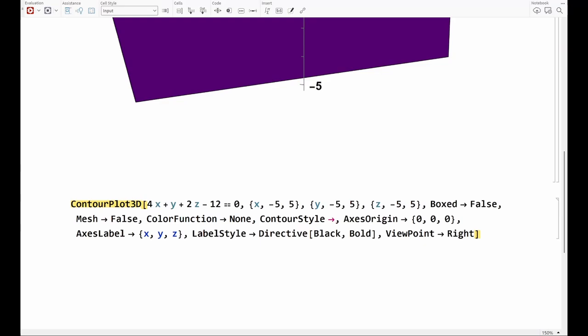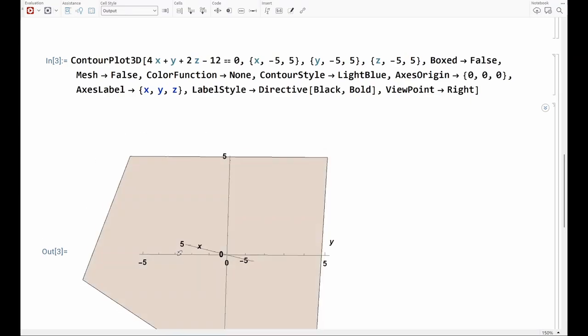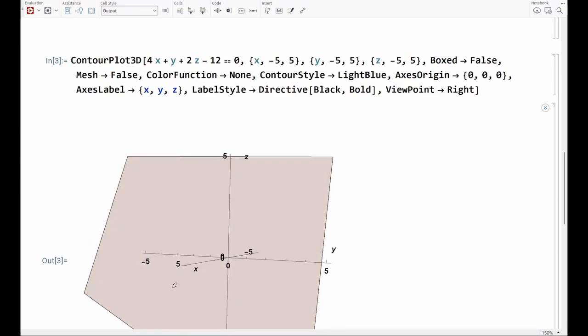Oh yeah, their definition of pink. That is apparently light blue.